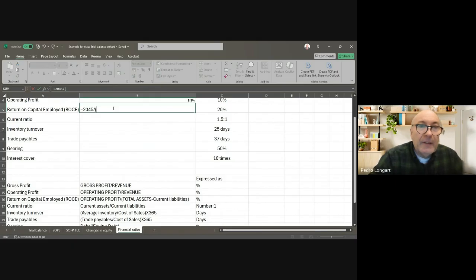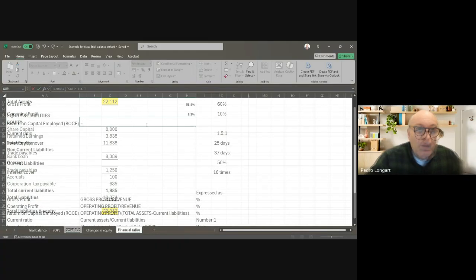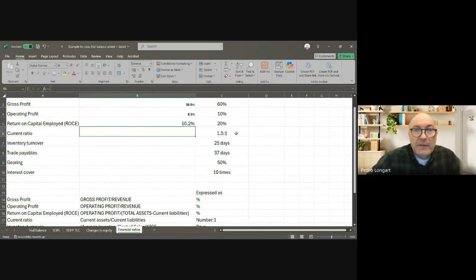Divided by the total assets, which I have in the statement of financial position, is 22112, minus my current liabilities, 1985. That gives me 10.2%. It's a percentage simply because I have clicked on percentage here and it gives it to me as a percentage.